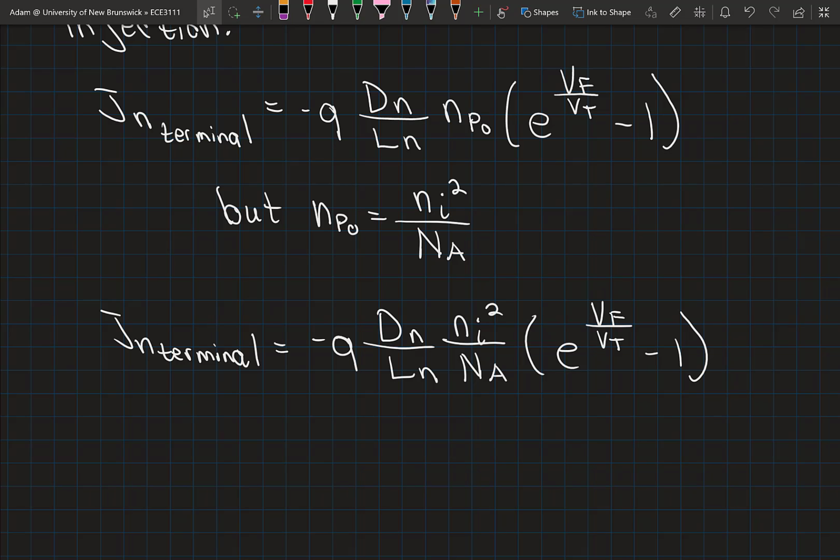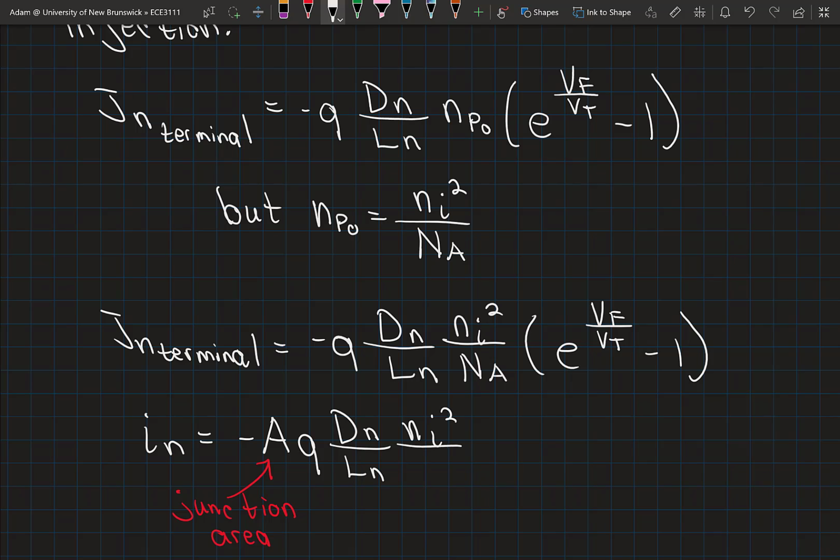And to switch this to current, we can just multiply the expression by the area, so that rather than having a current density, we get a current. Multiplying by area, in this case, it's going to be the junction area, the actual surface area of that junction. So we get an expression for current that looks like this.